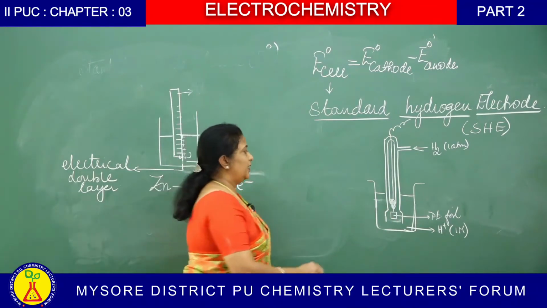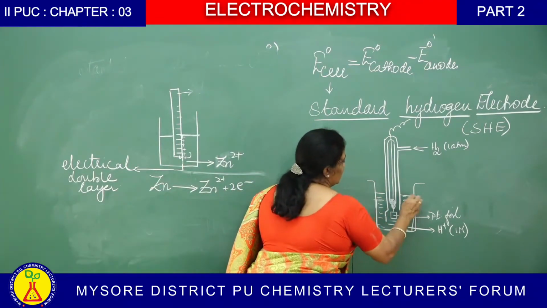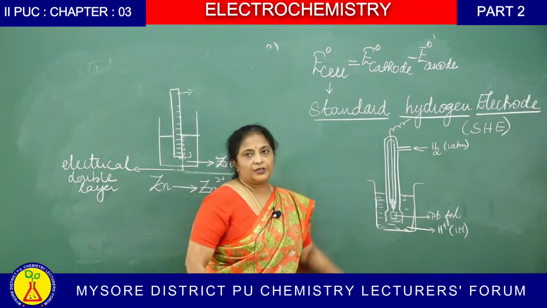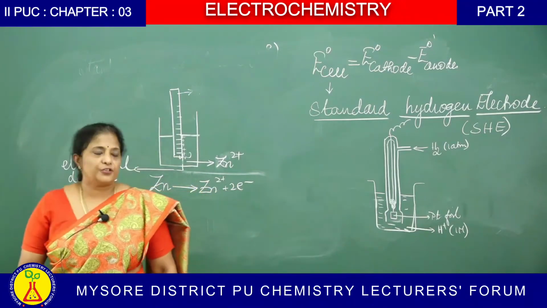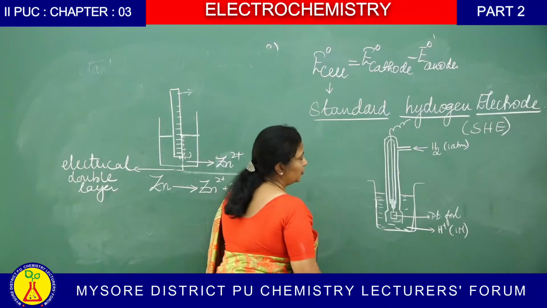Now, this is the setup, the construction of the standard hydrogen electrode. You can see that this electrode is made up of two glass tubes, the inner glass tube and the outer glass tube.